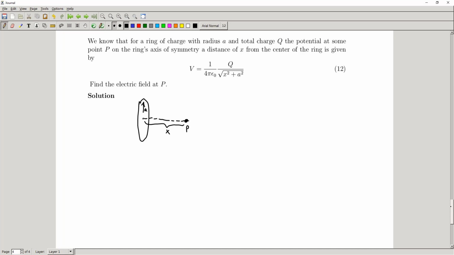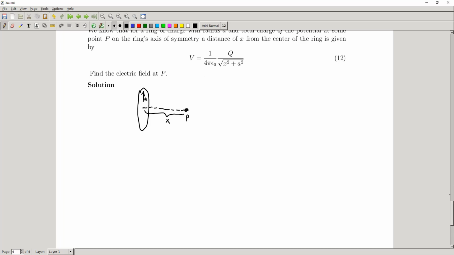Okay, the first thing to realize here is that we only have x dependence in our potential, right? We're not doing the full problem here. We can't answer questions about what the electric field is out here at point Q because we only know what the potential function along this axis is, right? And that only depends on x. And since this only depends on x, we're only looking for the x component of our electric field.